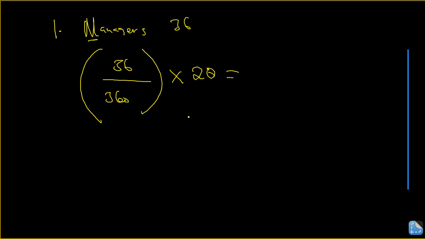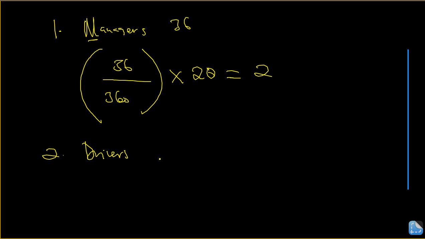Please, if you have a calculator, you can shout the number. Just do 36 divided by 360 times 20. I don't have a calculator with me, so please help with the calculation. Okay, so it's 2. And then the second one is we have drivers.